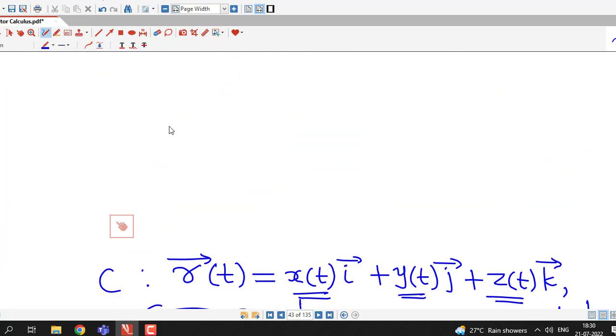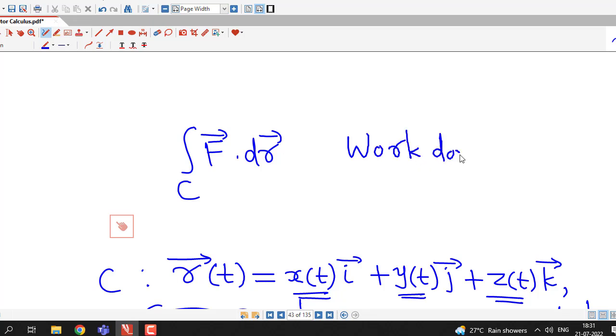we have discussed in an earlier lecture that the line integral of a vector function f bar gives us the work done by the vector function f bar in moving a particle along a given curve C from one point to another point.